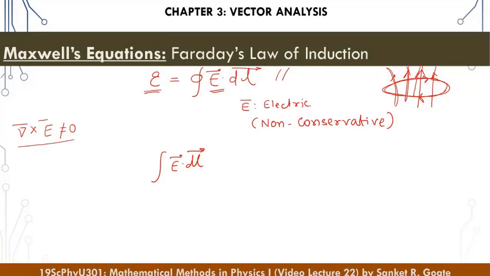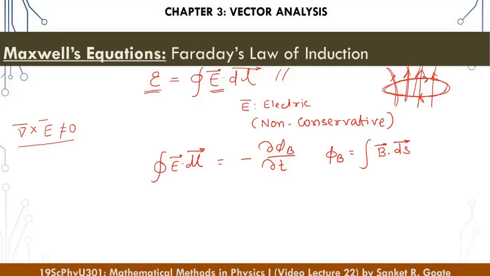The line integration of this electric field over the closed loop is not equal to 0, but it is equal to minus dou phi B by dou t, where phi B is the magnetic flux, which can be calculated by considering this integration B dot ds. So it is a surface integration over the closed loop.